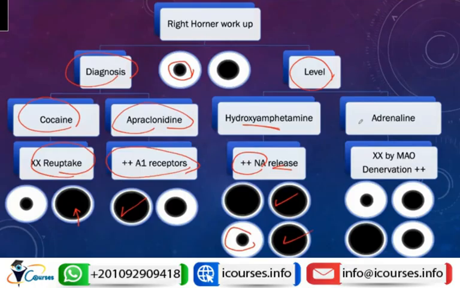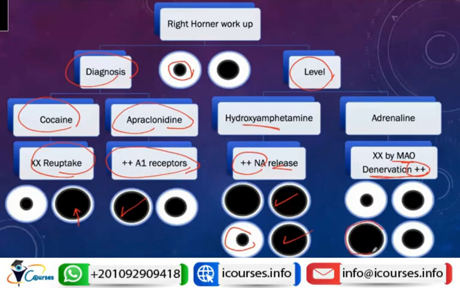In case of adrenaline, where the monoamine oxidase is absent in the postganglionic lesion, the adrenaline will become abundant in the neuromuscular junction and increase in concentration. And the receptors are also upregulated, increased in number due to denervation hypersensitivity.